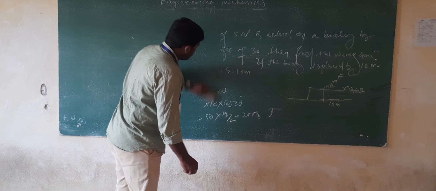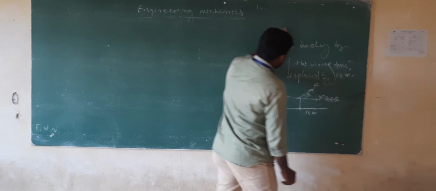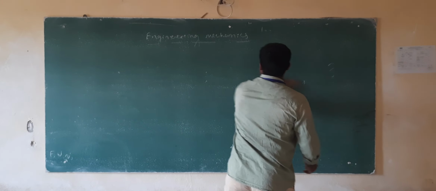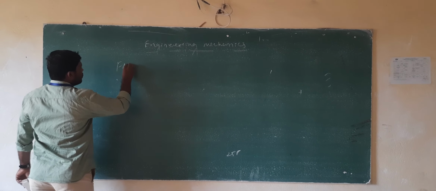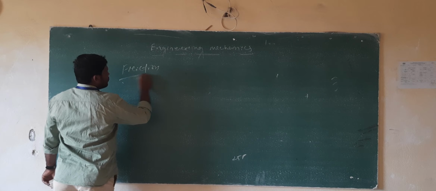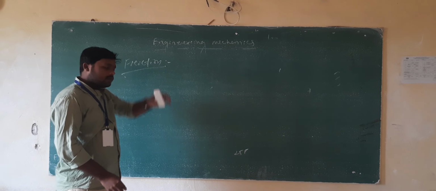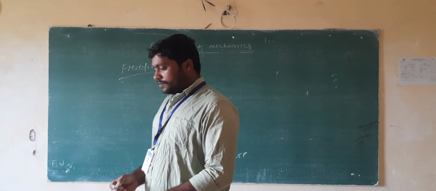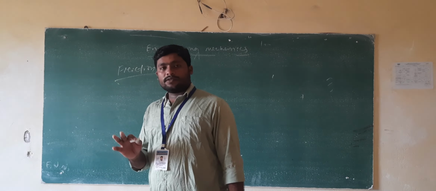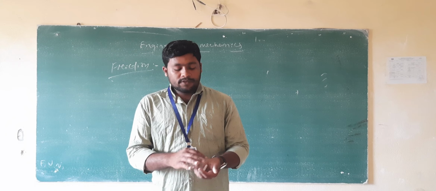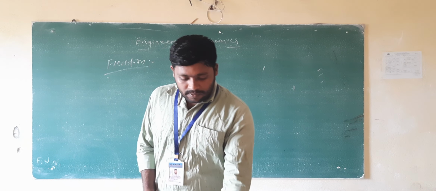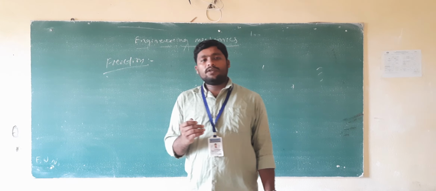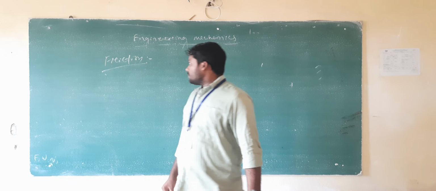Now we will study friction. What is friction? Friction is actually a force, and its unit is the same as force, Newton. This is the opposing force which resists the motion between two surfaces.